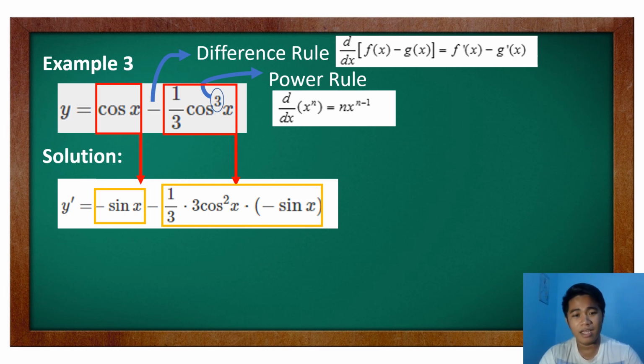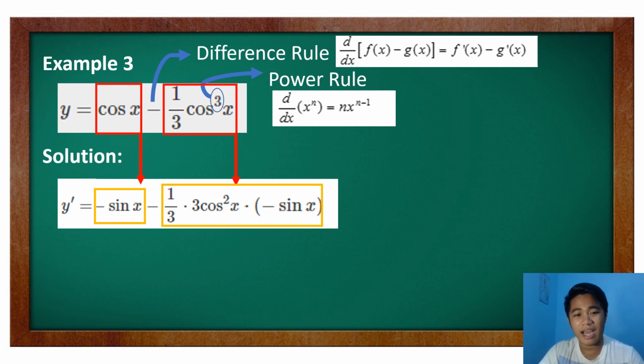So how did we get 1/3 times 3 cos squared x multiplied by negative sine x? We just take the power rule for that. So for that, our exponent there is 3. So if we just multiply the 3 into our 1/3, and then we subtract it by 1, that becomes 2. And then the base of our exponent is cos x, so we take the differentiation of that, which is the negative sine x.